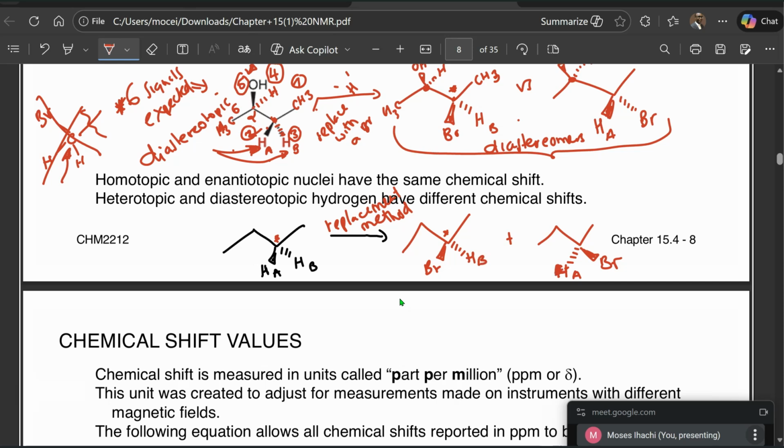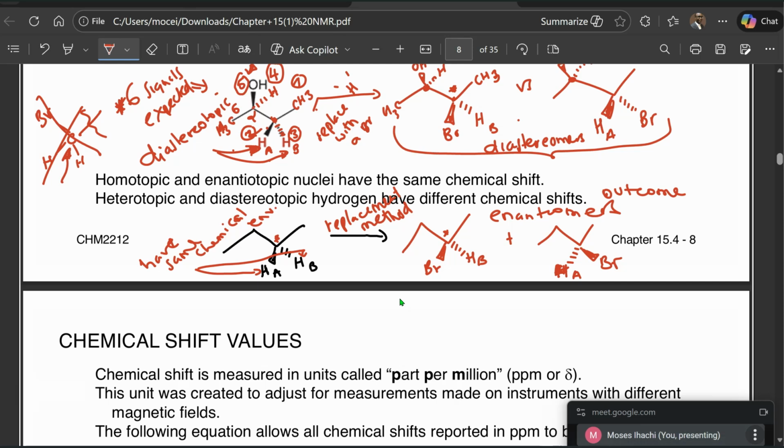The relationship of these is going to be enantiomers. The outcome is the exact same. If they're enantiomers, we conclude that they have the same chemical environment. They will show up at the same chemical shift.